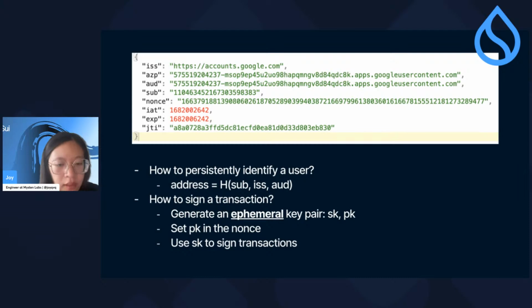So as a wallet or front-end application, you generate an ephemeral key pair SK and PK here, and then you register the PK in the nonce when you log into Google. And then the SK, you keep in your application where you can sign transactions. And again, this private key is not something you have to always keep secure. It can be used up to a certain period of time.